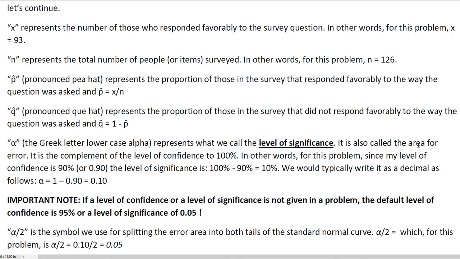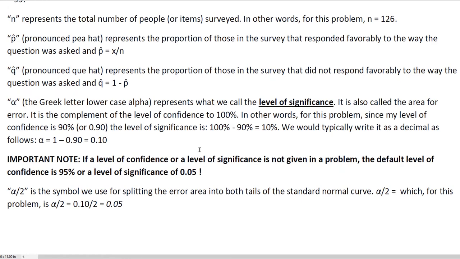In other words, for this problem, since the level of confidence is 90% or 0.90, the level of significance is 100% minus 90% or 10%. But we typically write it as a decimal, so we would write it as alpha equals 1 minus my level of confidence, or in this case, 1 minus 0.90, which is equal to 0.10.